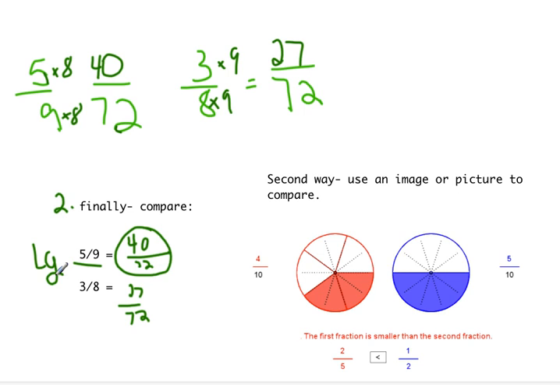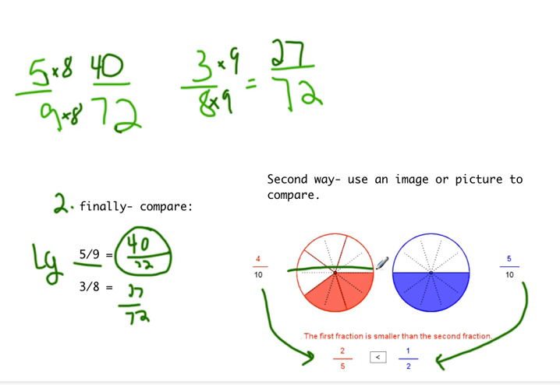Okay, the second way is to use an image or picture to compare. So I also already created equivalent fractions. 4/10 is 2/5, and 5/10 is 1/2. So I also have my picture. I created my same size circles and same size pies.